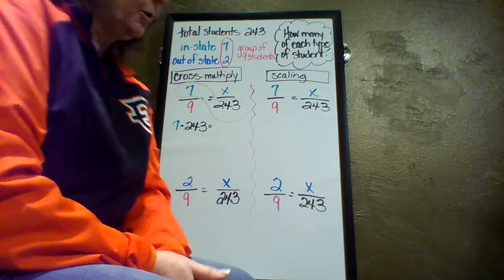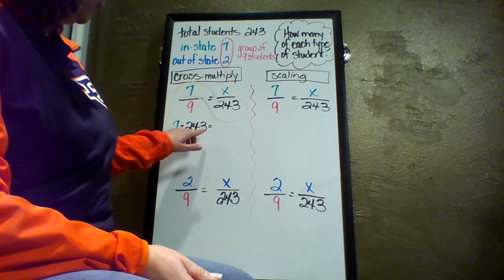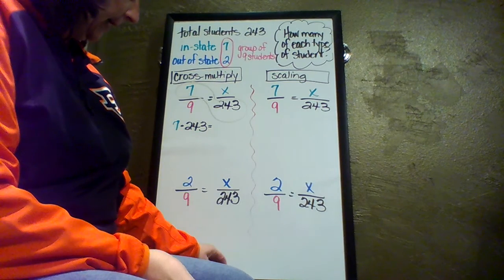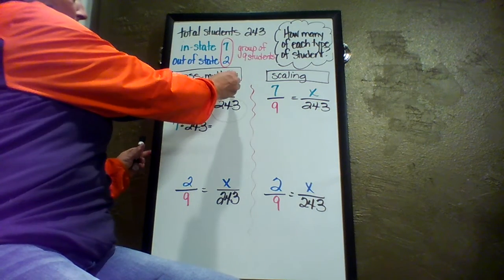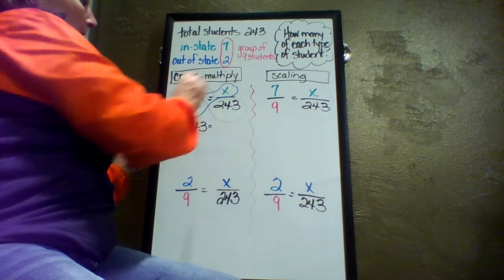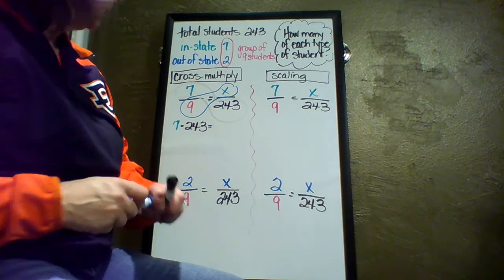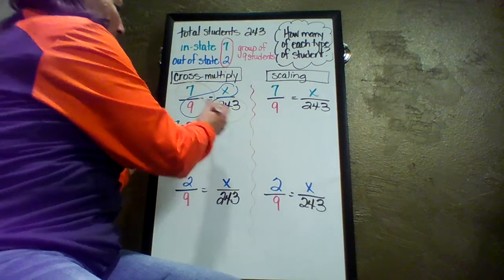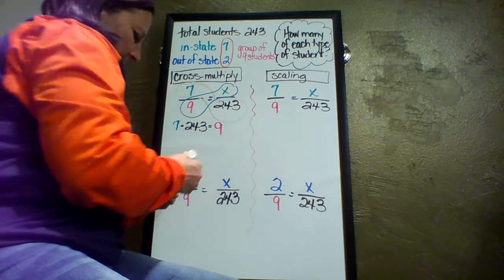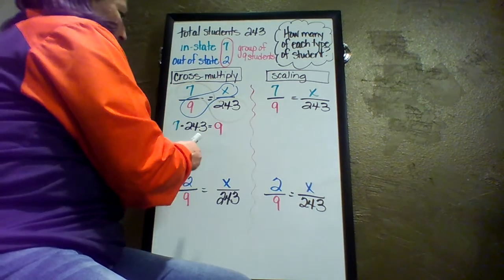All right, so 7 times 243 equals, and then I'm going to have the other side, the other numerator times the other denominator. So on the right side of my equation, I'm going to have 9x.